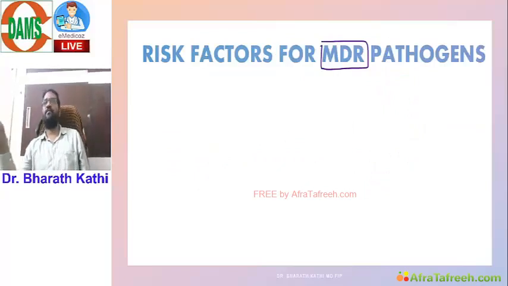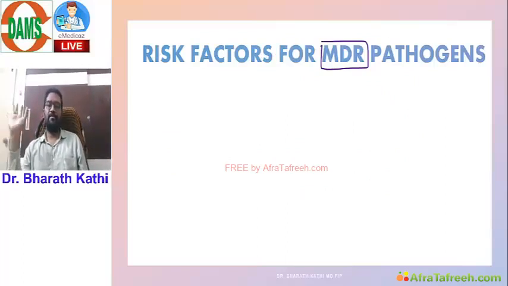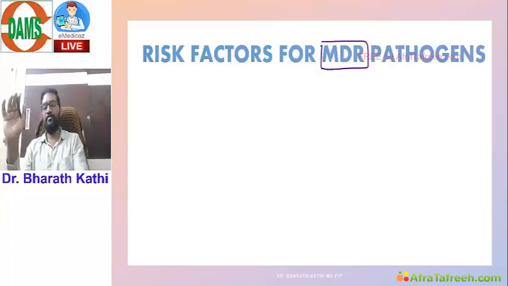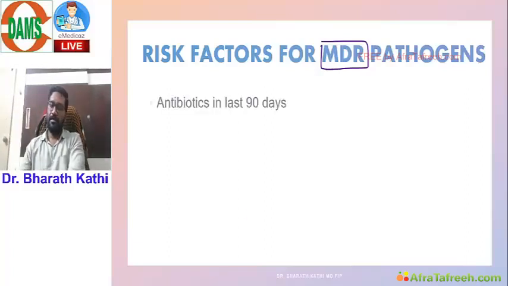If you see Harrison or CMDT, there is a very complicated list. But for all practical purposes, for the exam and for clinical practice, I usually make these risk factors for MDR pathogens with the help of alphabets. A, B, C, D. What are A, B, C, D? A: the patient has taken IV antibiotics in the last 90 days.